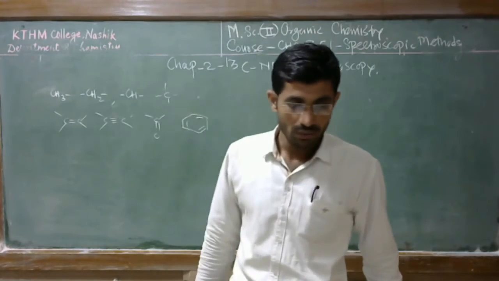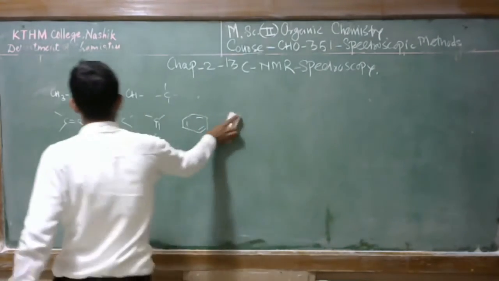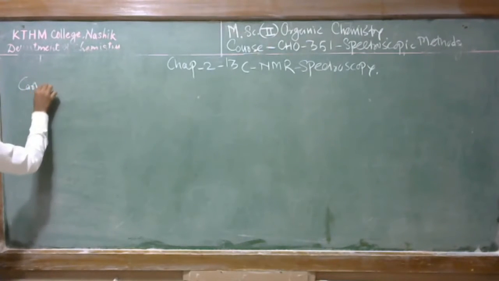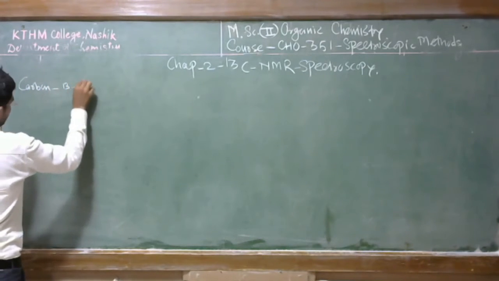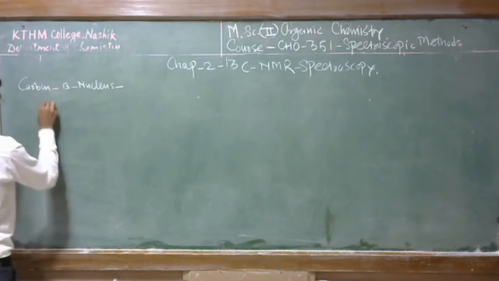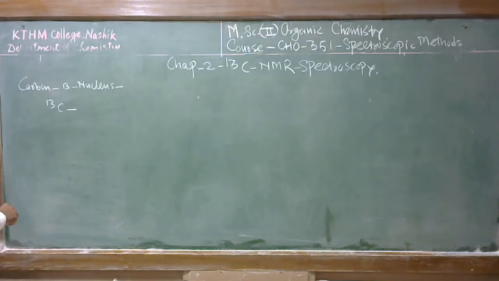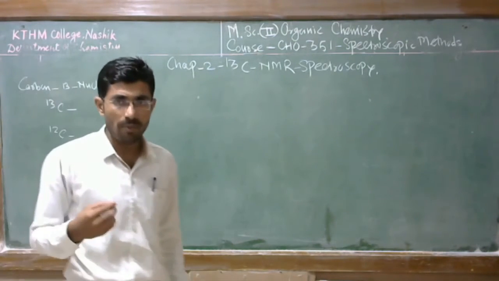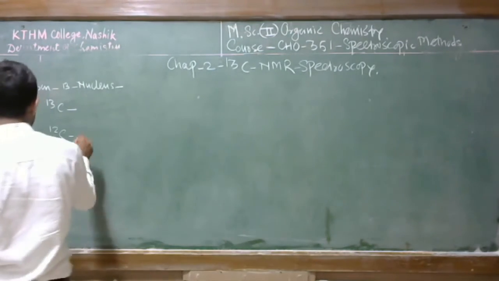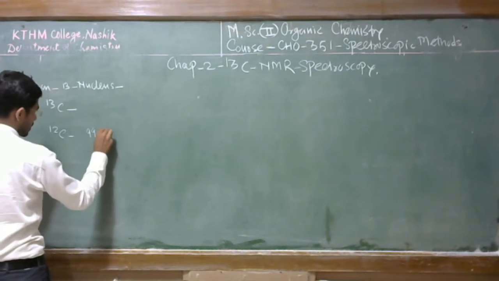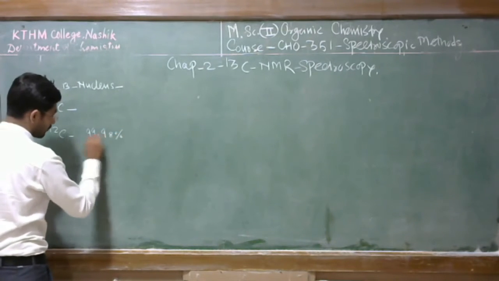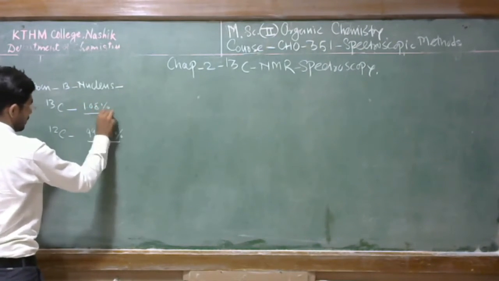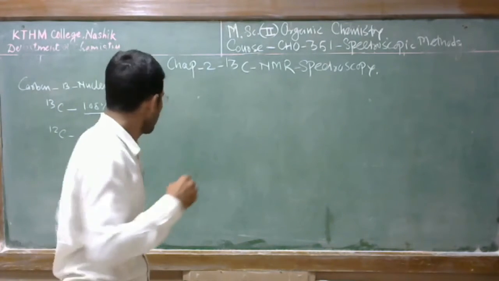So, when you consider the 13C nucleus, carbon 13C and carbon 12C are the two isotopes of carbon. The natural abundance of carbon 12C in nature is 99.98%, while 13C has a natural abundance of only 1.08%.